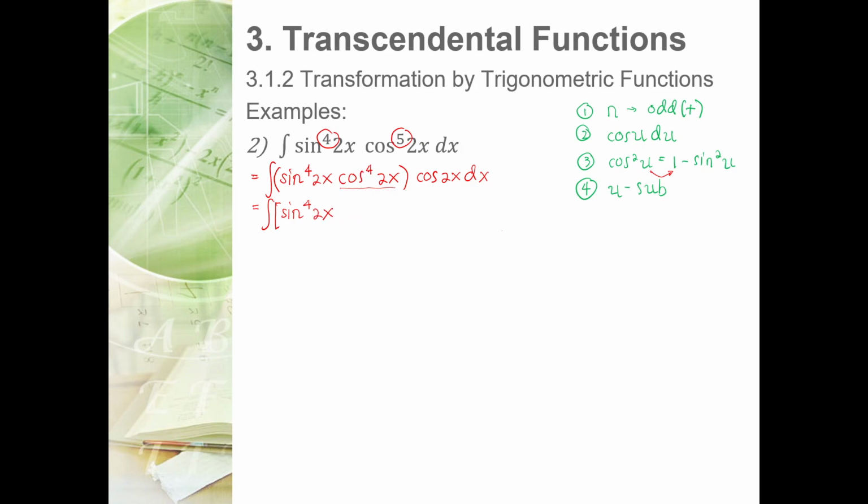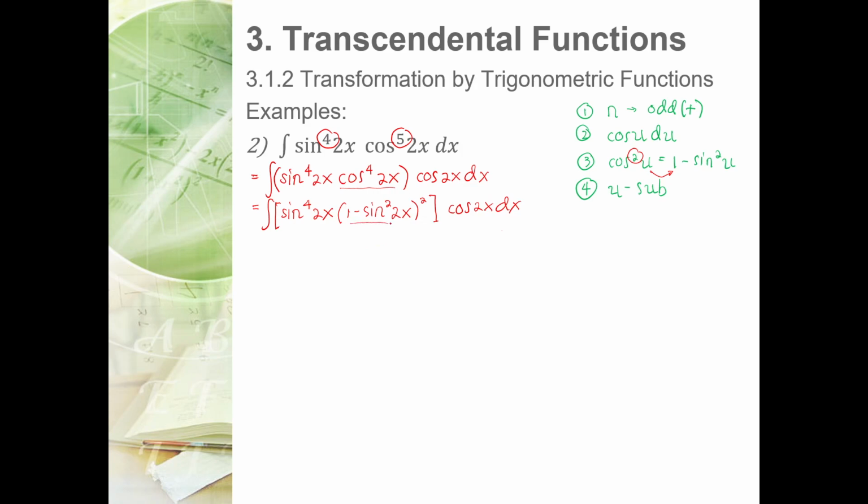Since this one is to the power of 4, squared and squared is to the power of 4. So we have 1 minus sine squared 2x squared, diba? Okay, para to the power of 4 siya. Okay, and then the factored out term cosine 2x dx. Again, on the right side is the factored out cosine u du. So di na ito nahilabtan.